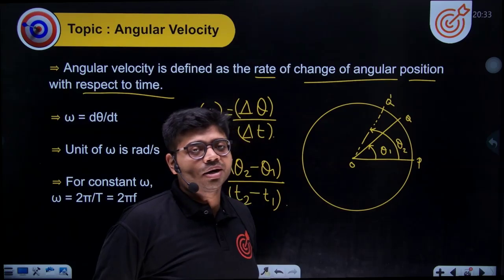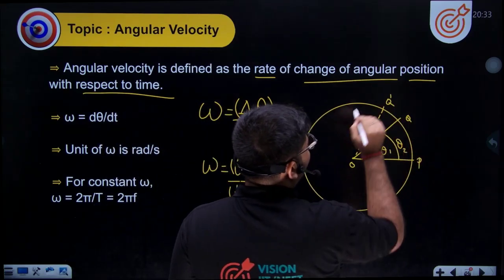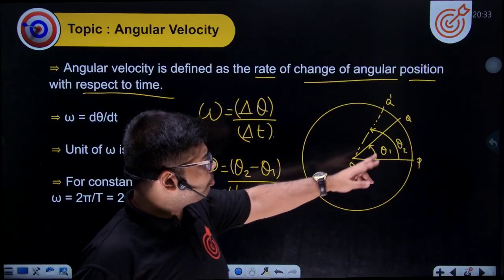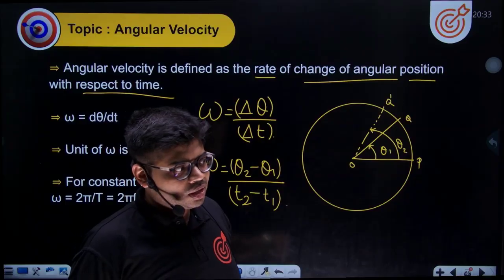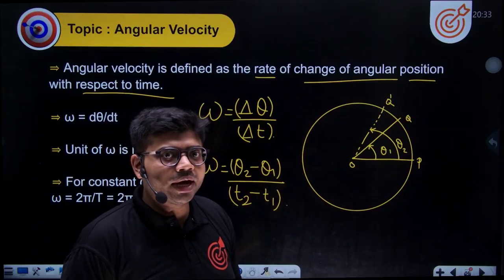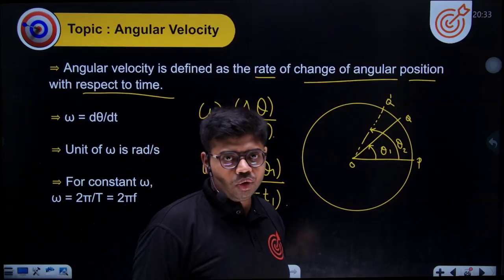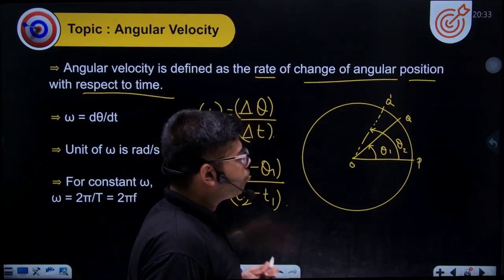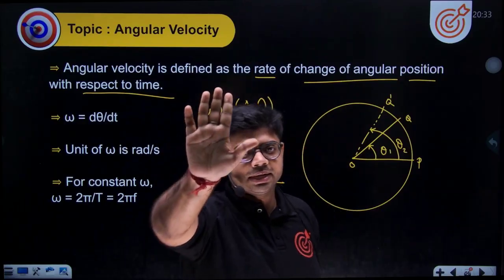Now you try to understand. Suppose the particle has moved from point P to point Q, or from P to Q prime. Ultimately it has moved. So in which direction it has rotated? We find it out by right hand rule. Okay, what you will do, simply you will put your right hand like this.